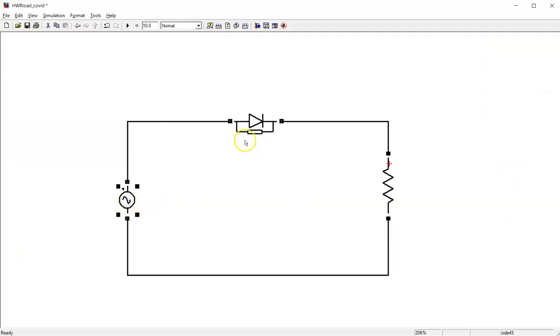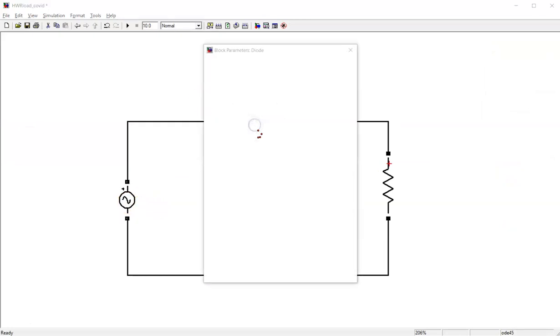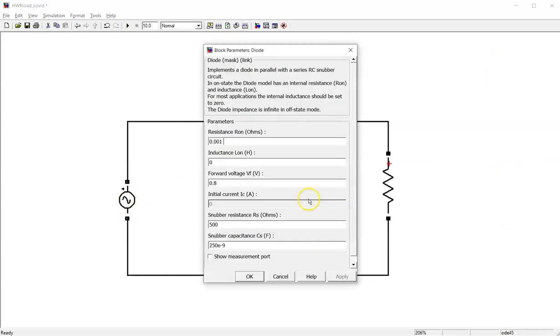Then we look at the default block parameters for the diode. We obtain the resistance 0.001 ohms, which represents the internal resistance of the diode. Inductance will remain 0. For the forward voltage, if we choose the ideal case, we put the value as 0.